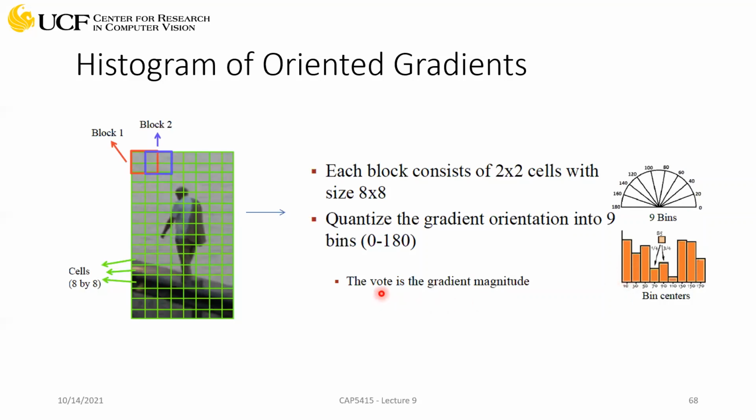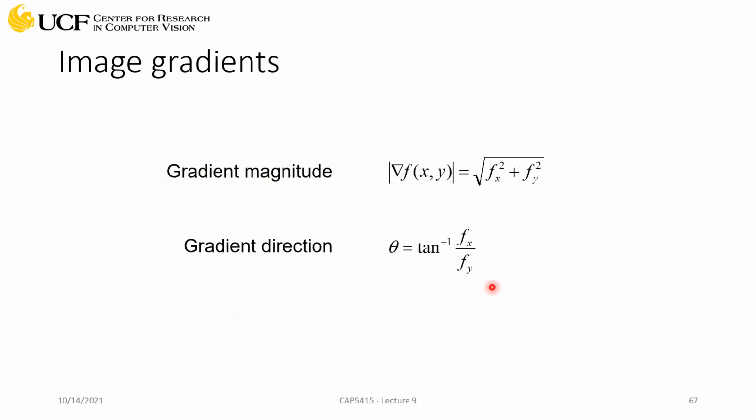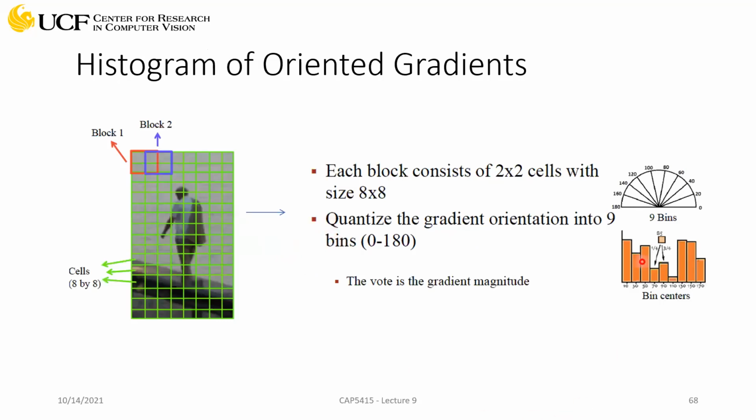All right, so that's the vote for each bin. That's why we need the gradient magnitude, right? Not just the angle. Whatever we are adding to the bin is the gradient magnitude. Now 10 degrees is pretty simple because that's just the center of this bin, right? And similarly 30 is straightforward.